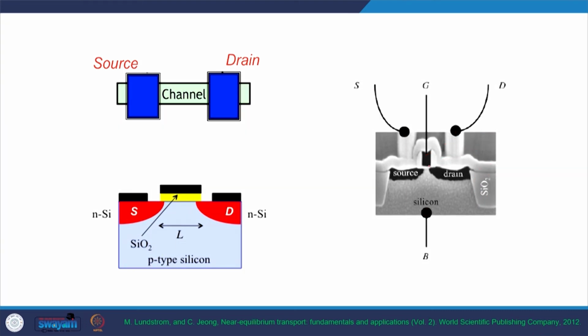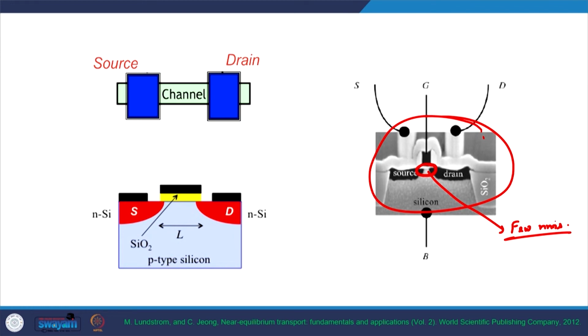I would say that this region is an extremely important part of the entire device, and this region is very small compared to the entire device, compared to this big device. In modern day devices, this is only a few nanometers, around tens of nanometers nowadays.